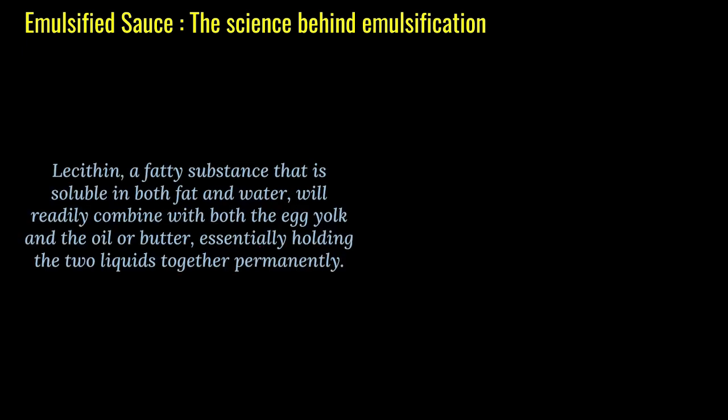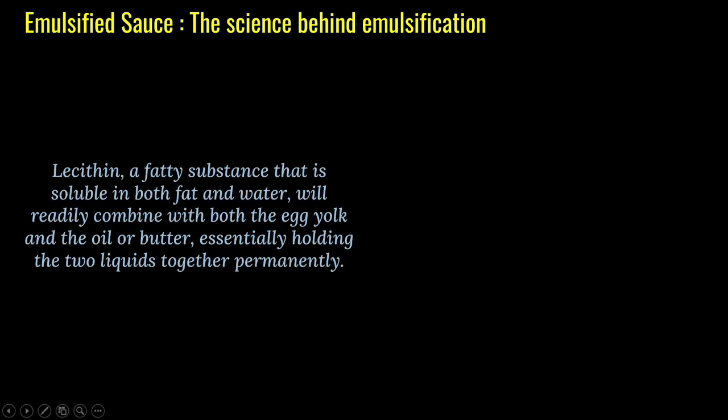In the case of mayonnaise and hollandaise, it is lecithin. You can see this is the name of the emulsifier present in the egg yolk that acts as an emulsifier. What is lecithin?